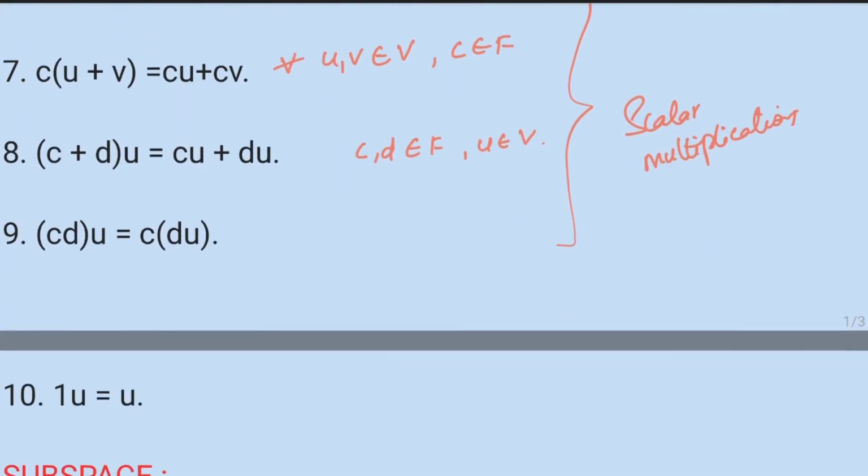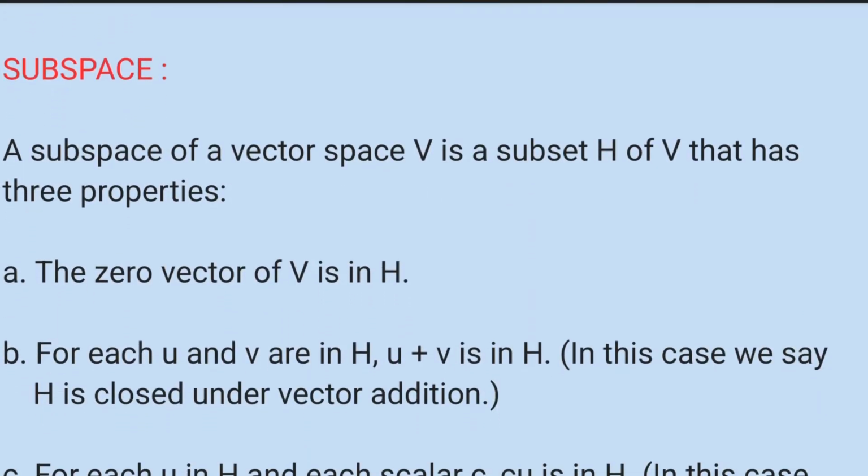Now we will look into the subspace. A subspace of a vector space V is a subset H of V that has 3 properties. First, before going to the subset, let us talk about a normal set and a subset. If 1, 2, 3, 4 is a set, what is a subset? A subset can be 1, 2 or 2, 3 or 1, 2, 3.